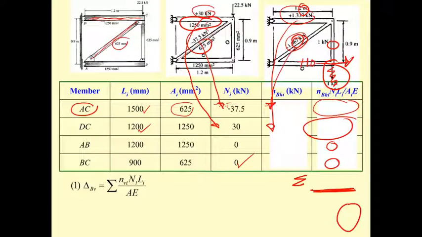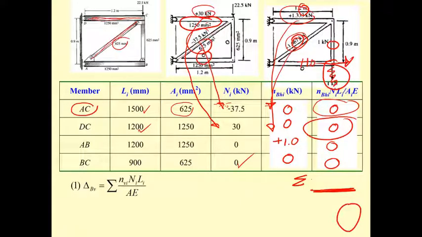You have just member AB. Your member AB is going to have what? Plus 1.0. And the others are 0, 0, and 0. So by doing this, this is 0, this is 0, since this has no force here, so everything is 0.